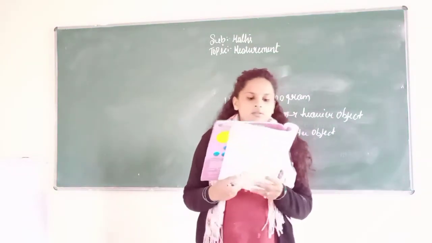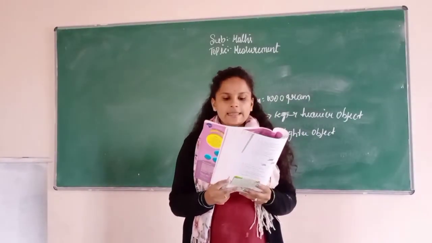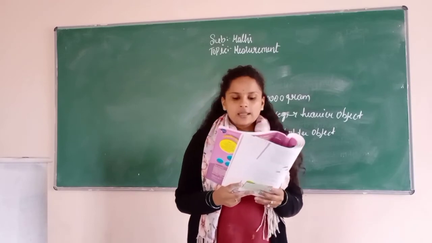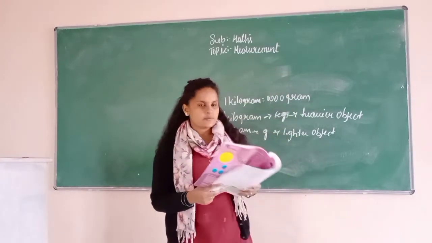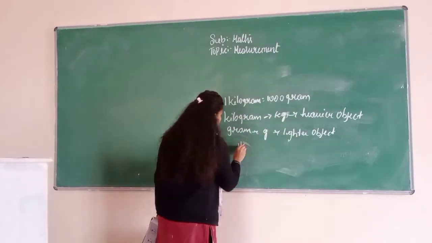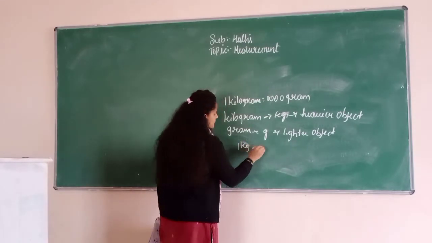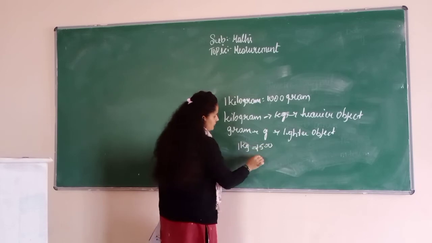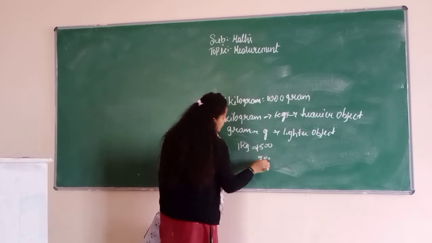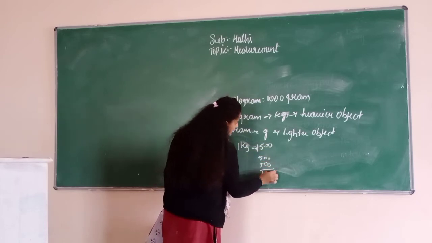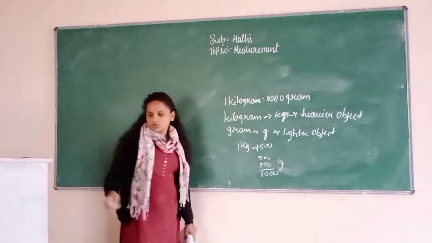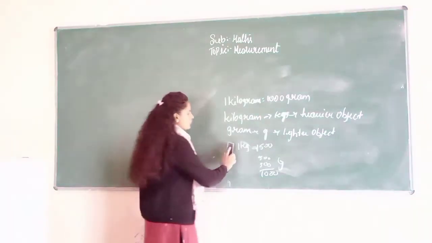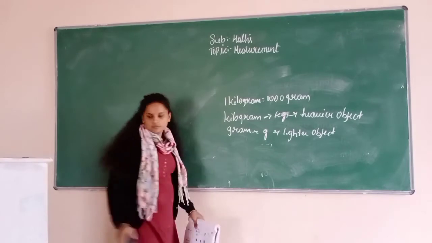In that, the balance shows 500 grams weight. Now 500 plus 500 will be 1000, right? 1000 grams. 500 grams twice to make 1 kg.